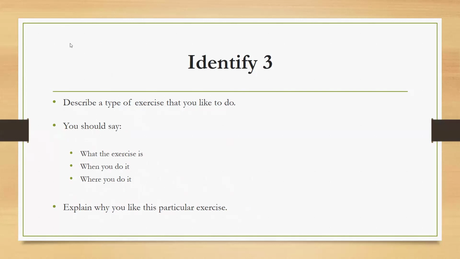Type your answers in the chat. I'm waiting for your answers. Describe a type of exercise you would like to do. What is the cue card here?